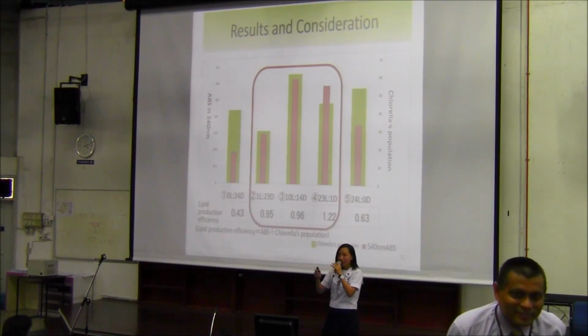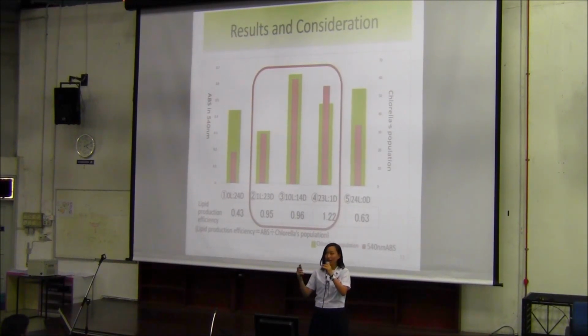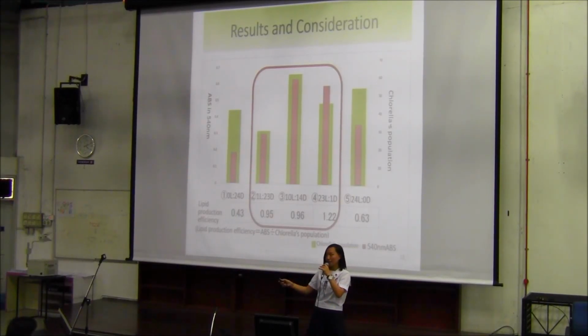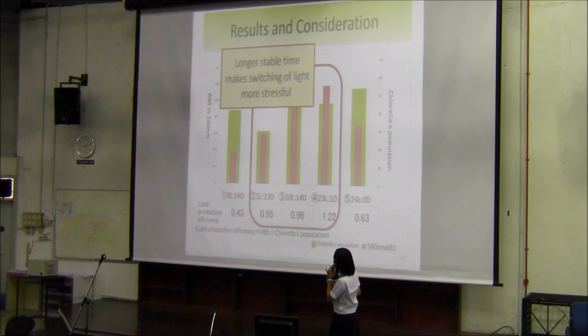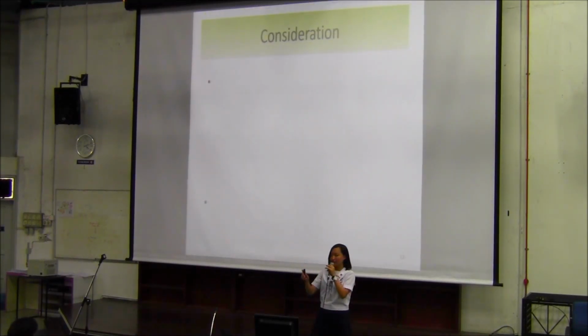Next, look at graphs 2, 3 and 4. All had a switch of light, but conditions number 2 and 4's lipid production efficiency is higher. We think this is because conditions 2 and 4 have a longer stable time, so 23D or 23L, so it will be more stressful when the light is switched. From these results, we have two considerations.